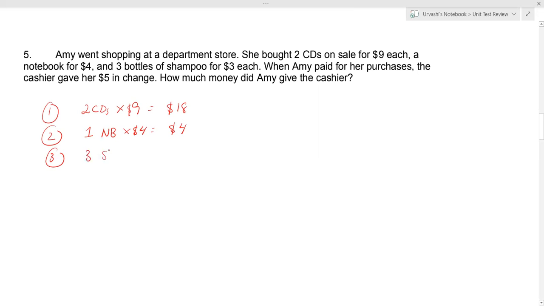And then 18 plus 4 plus 9 equals 31. And then 31 plus 5 equals 36. So she gave the cashier $36 and she got $5 back.